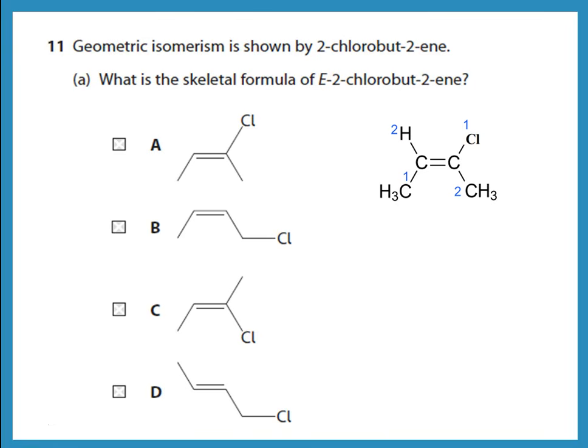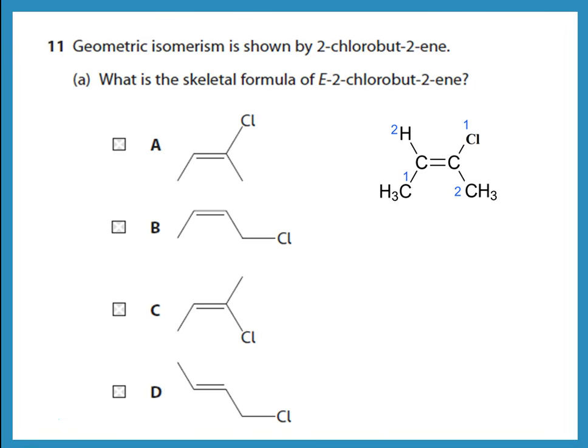When we decide if something is an E or a Z, we look on both sides of the double bond, and we look at the priorities of each of them. So on the carbon on the left, the carbon has higher priority than the hydrogen. Carbon mass 12, hydrogen mass 1. So the one with the higher priority is down.